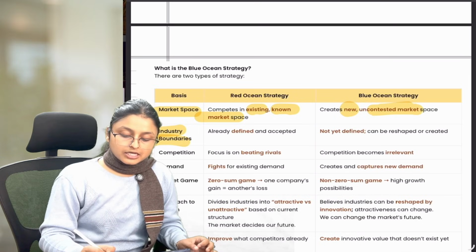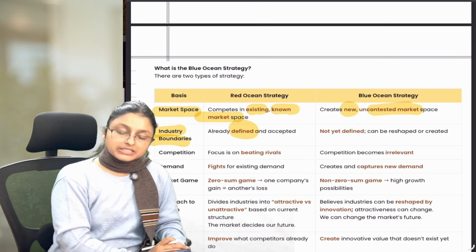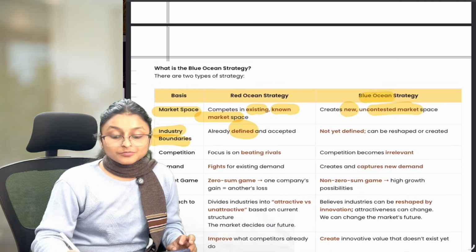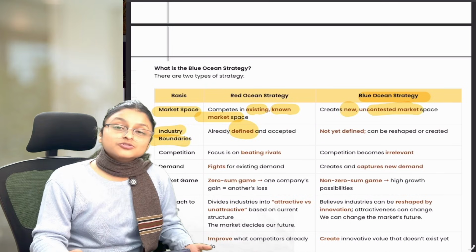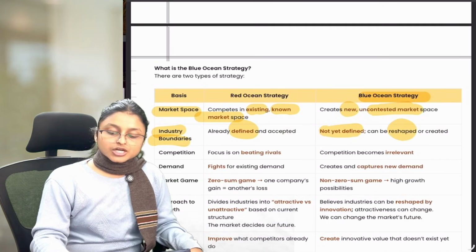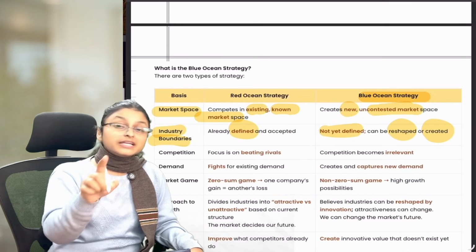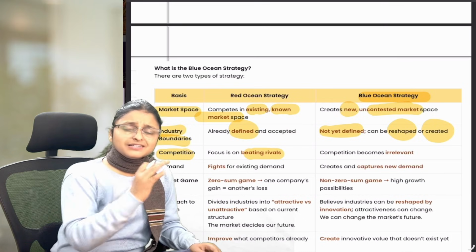Industry boundaries. Here industry boundaries are already defined and accepted by the companies in the industry. But in Blue Ocean, you are the one who is creating the product. So you are the one who is going to define the boundaries. They are not yet defined, can be reshaped, can be created by the one who is creating that Blue Ocean, right? Competition, here we beat the rivals.